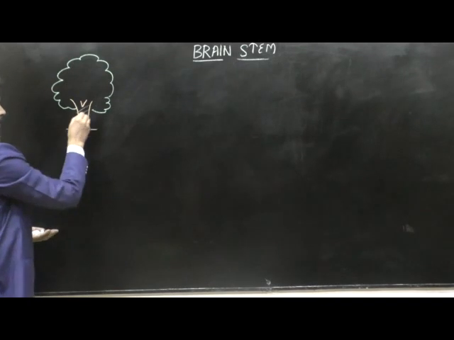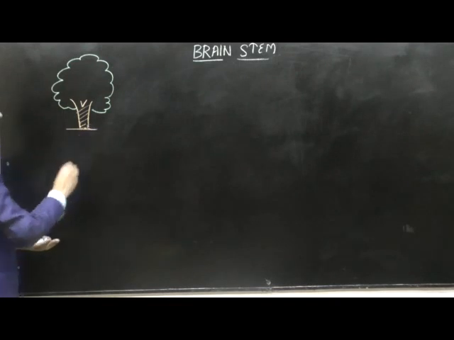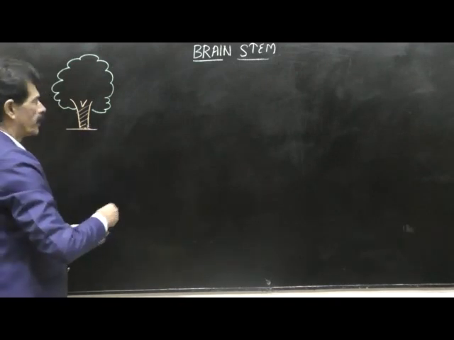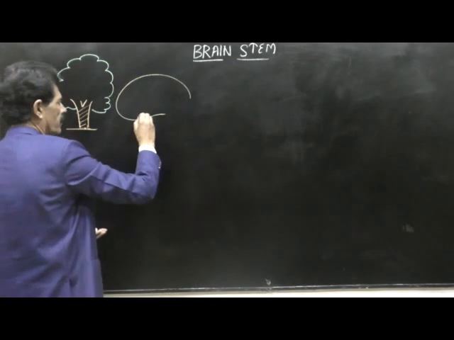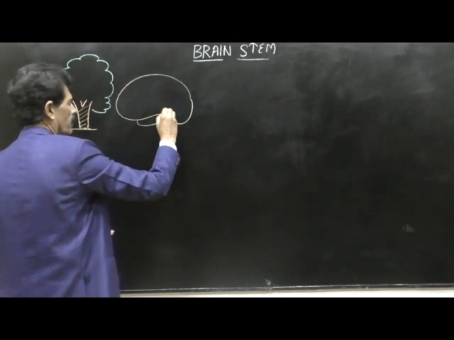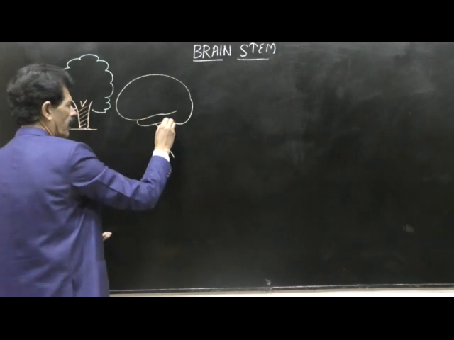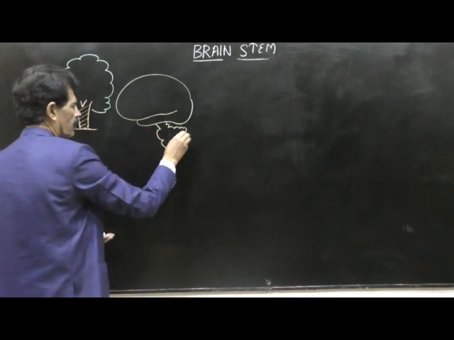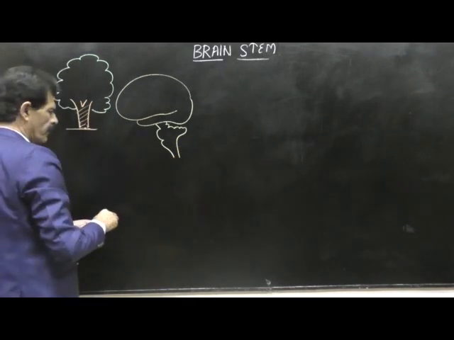As the stem of the tree is supporting the whole of the tree, similarly the brain, whose largest part is the cerebrum, has the midbrain, the pons and the medulla oblongata. So they look like the stem of a tree.